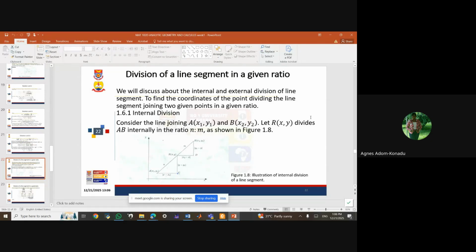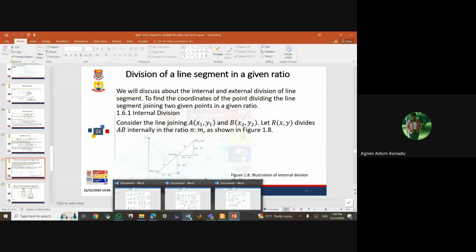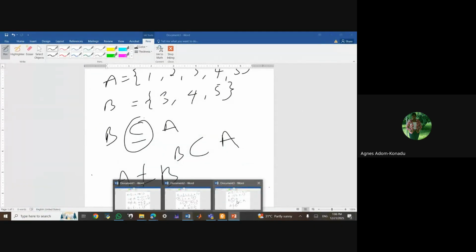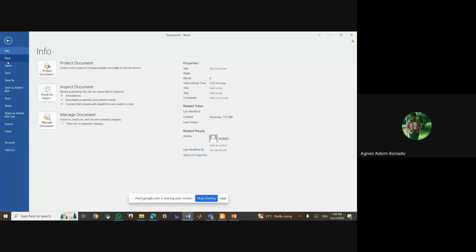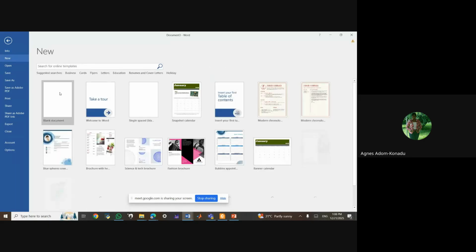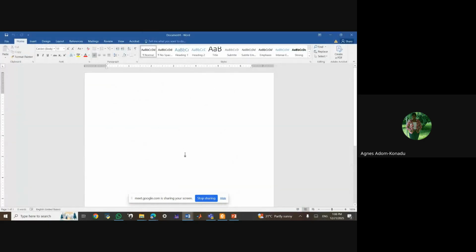Okay, so now we want to look at division. We want to look at division of a line segment in a given ratio. We just looked at division of a line, or finding the midpoint of a line. Now I want to look at division of a line in a given ratio.